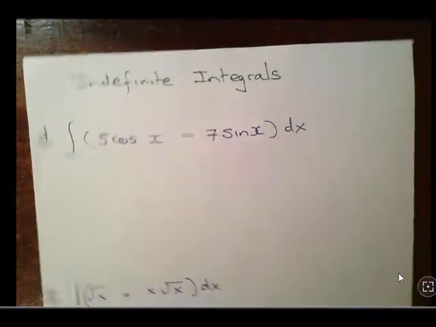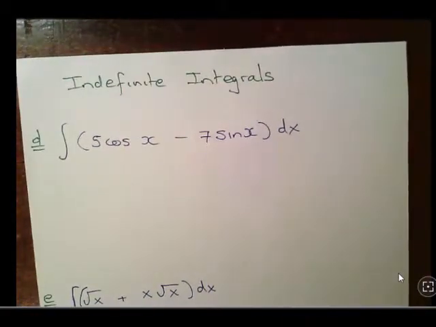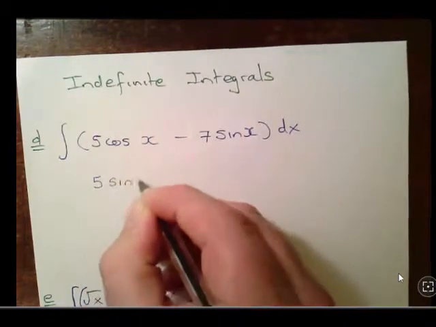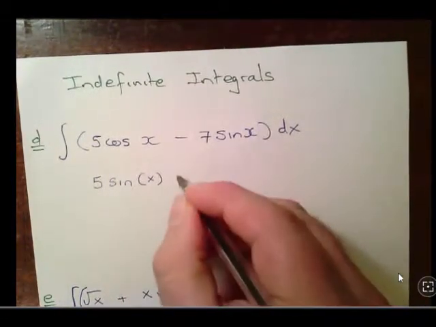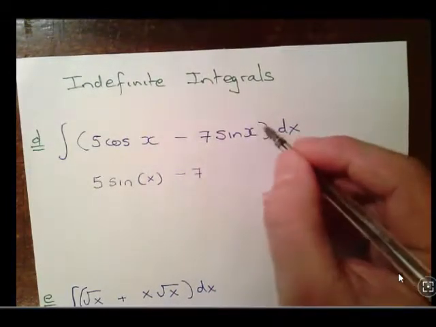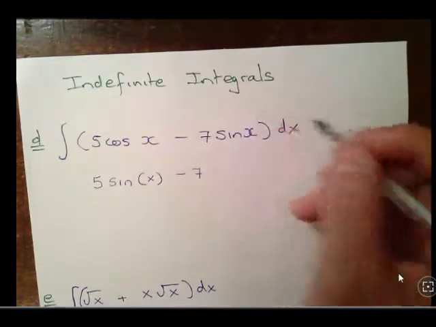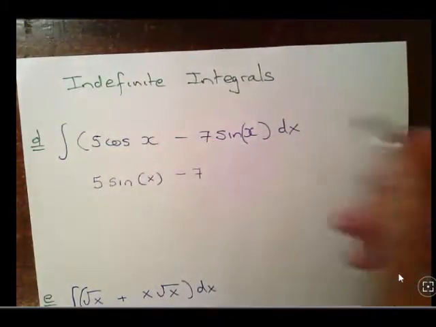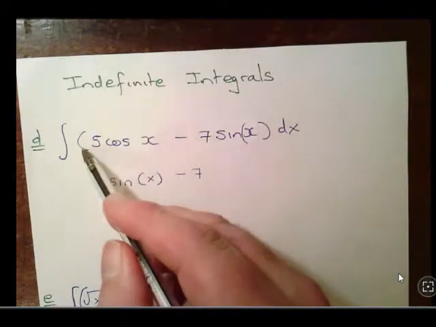There we go. 5 times cos of x. Essentially what you have to do here is just go to your tables, and the integral of cos of x is simply sine of x. So 5 times sine of x, minus 7 times, I have a little bracket there. Oh, I do need to close this one off here.